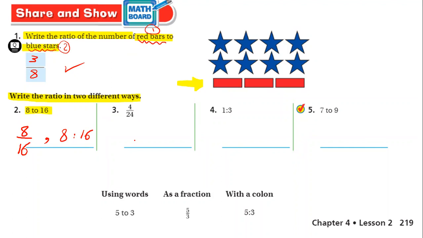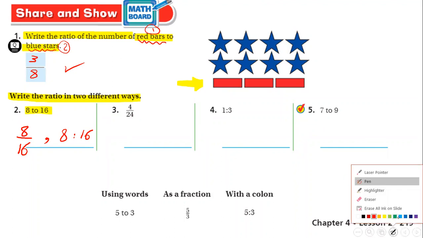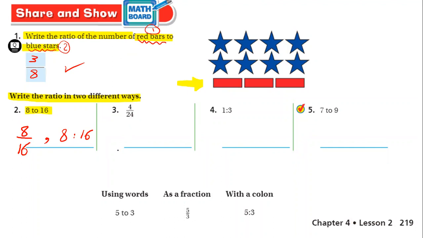Muhammad Ali. Can you write 4 over 24 in 2 different ways? Answer, please. Okay. What is the first way in your answer? 4 to 24.